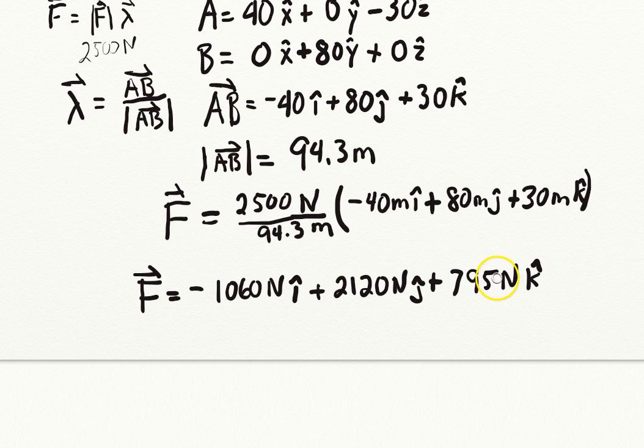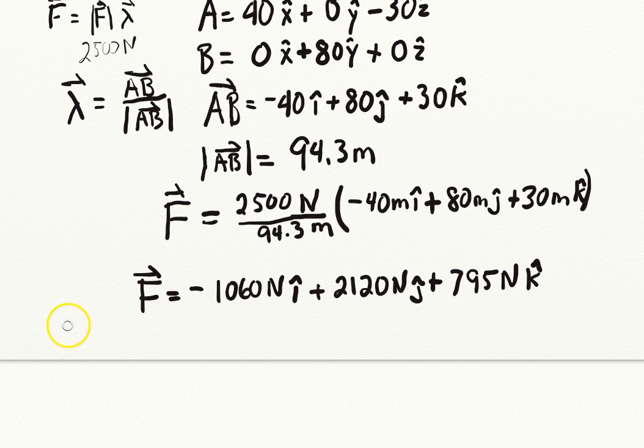So there we go. We've written down the first part of the answer, which was what is the force components acting on the bolt. So we've got the X component, the Y component, the Z component of the force acting on the bolt.